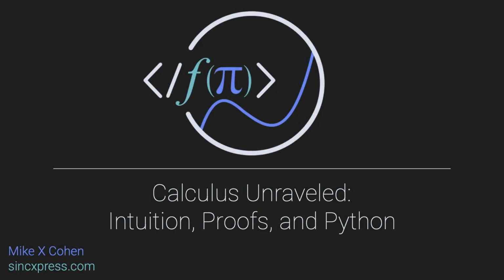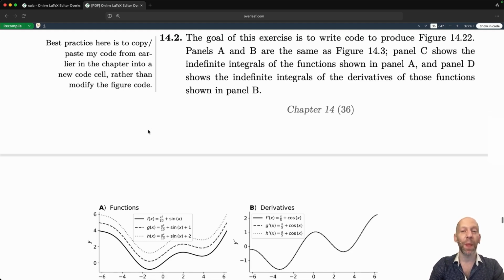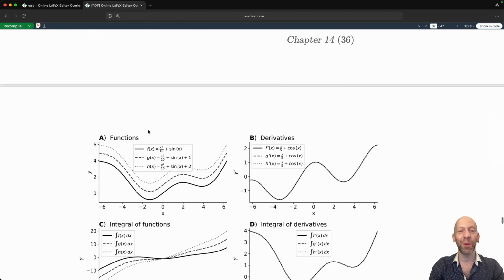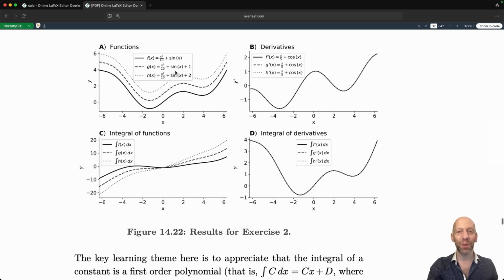Now for exercise 2 of chapter 14. The idea of this exercise is to write code to complete figure 14.3. Now I don't need to scroll all the way up to figure 3 in this chapter because the first two panels of this figure here are exactly figure 14.3.